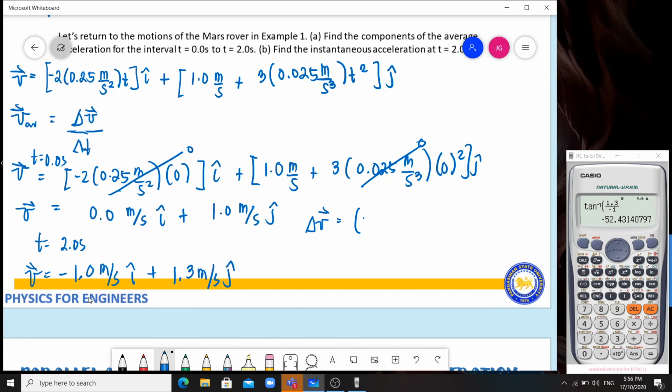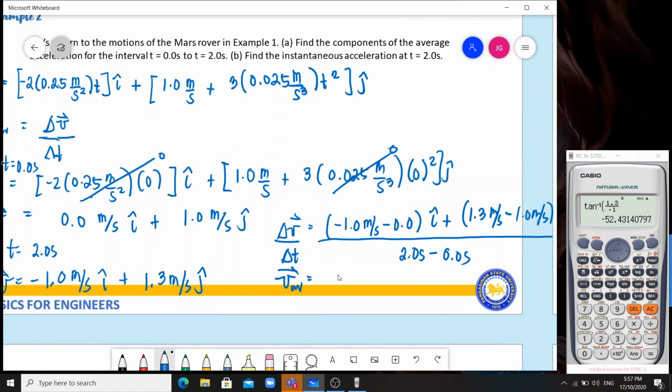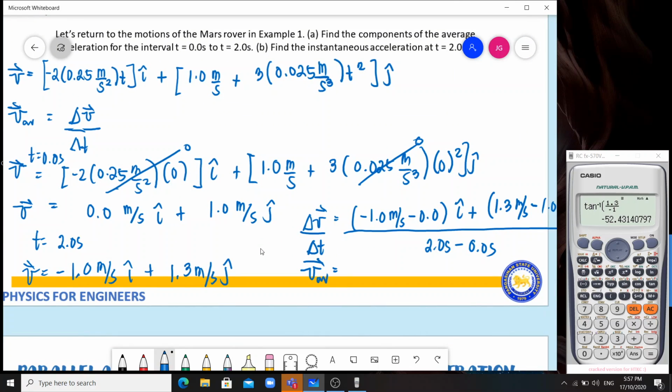So, negative 1.0 meter per second minus 0.0, i plus 1.3 meter per second minus 1.0 meter per second j over delta time, which is 2.0 seconds minus 0.0 seconds. So, ang average velocity natin is equivalent to, average acceleration rather.